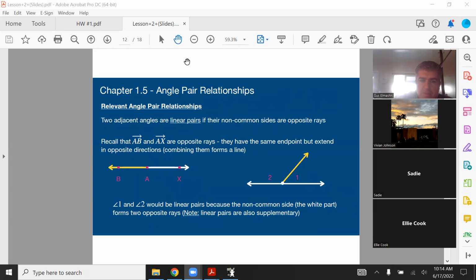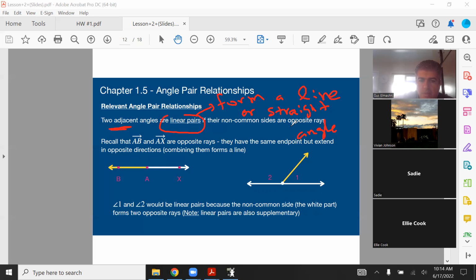Linear pairs are two adjacent angles, and basically they form a line, or a straight angle.